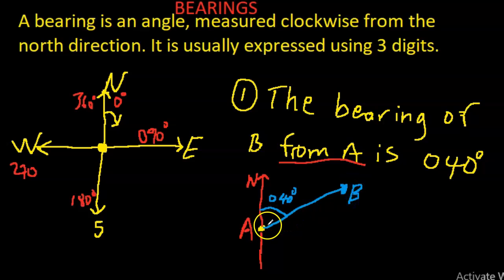And if you know the distance from A to B, of course you can fill that in. Let's say it's 10 kilometers. So for the bearing of B from A, you always establish where you're coming from first, draw a north line from there, take the angle from the north, and bring it to B. Let's try some others in the next video.